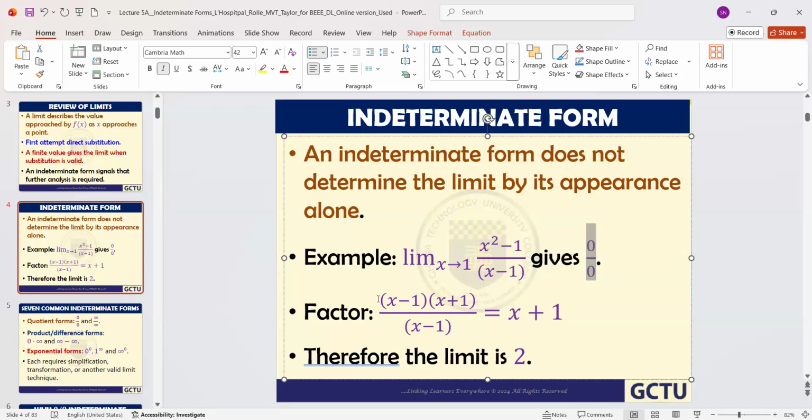So using the factorization method, you realize that the numerator will have factors of the difference of two squares, x plus 1 and x minus 1. And it will cancel one of the denominators. That will leave the function to be equal to x plus 1. Now, when you substitute x equal to 1, your limit is now 2. So the point here is that sometimes indeterminate form does not determine the limit by its appearance alone. Okay, so just giving you this may not necessarily be the limit.